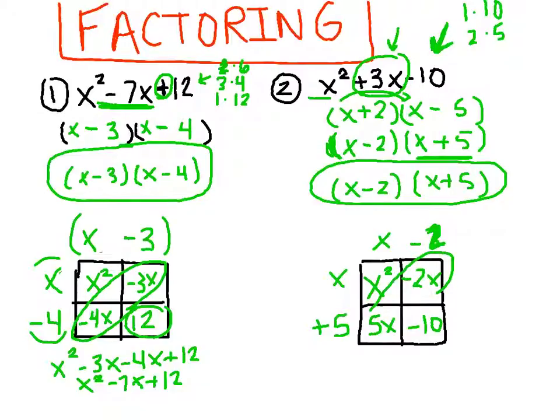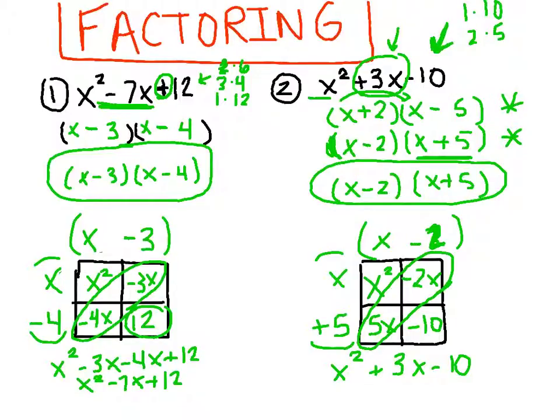And if we add these like terms, we see x squared plus 3x minus 10, which is what we started with. So our factors x minus 2 and x plus 5 are the correct factors. So a lot of factoring is guessing and checking. We saw that we had two possible factors, and you could FOIL to see which one gave us our original equation in number 2.